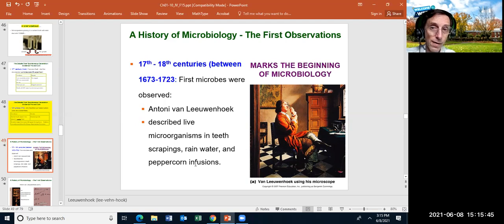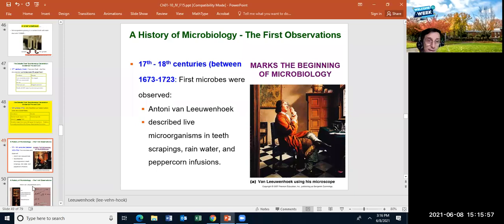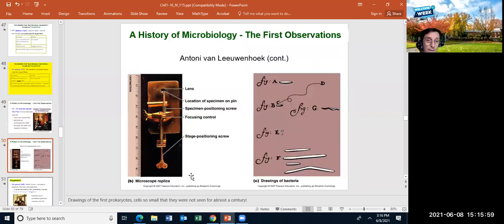The reason why Antony van Leeuwenhoek was the first person to observe a microorganism is because he was the best microscope builder of his day. And here we're looking at one of his microscopes. It's a simple microscope, meaning it only has one lens.